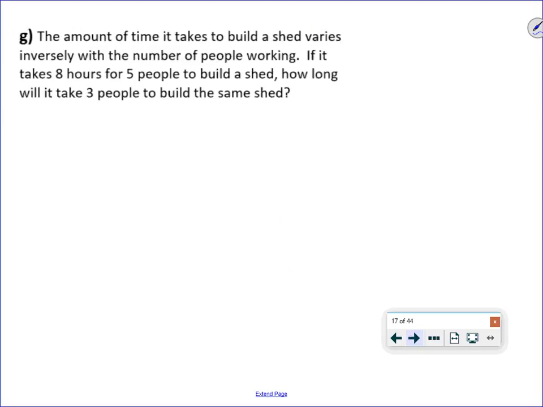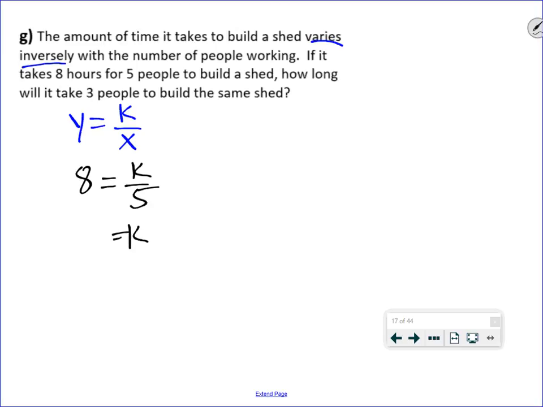The amount of time it takes to build a shed varies inversely with the number of people working. If it takes 8 hours for 5 people, then k will be 40. So my specific variation equation for this is y equals 40 over x.